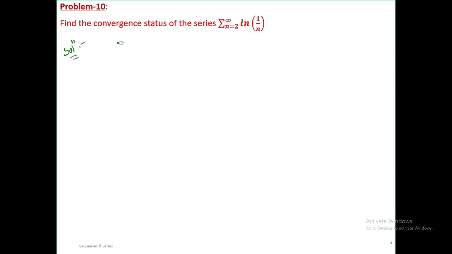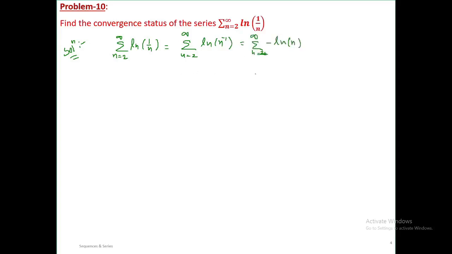So the series n running from 2 to infinity, ln of 1 upon n. Ln 1 upon n means ln n power minus 1, right? n power minus 1. Or you can write the series n running from 2 to infinity, minus ln n.